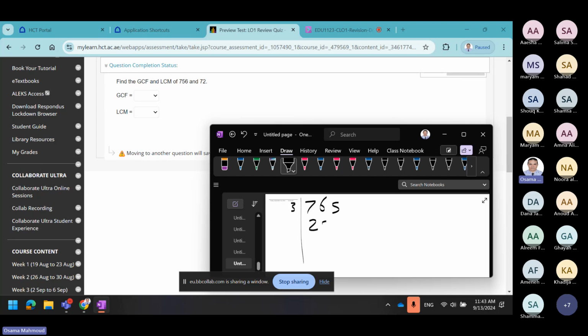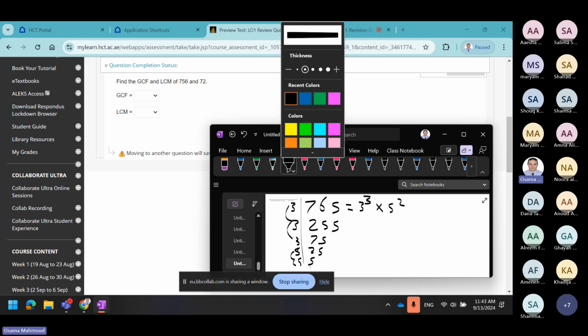This is 255. This is divisible by 3, yes, because 2 plus 5 plus 5 is 12, so I can divide it again by 3, giving 85. This is not divisible by 3. It's divisible only by the next prime, 5: 85 divided by 5 is 17, which is prime. So I can write this number as 3 to the power 3 times 5 to the power 2 times 17.